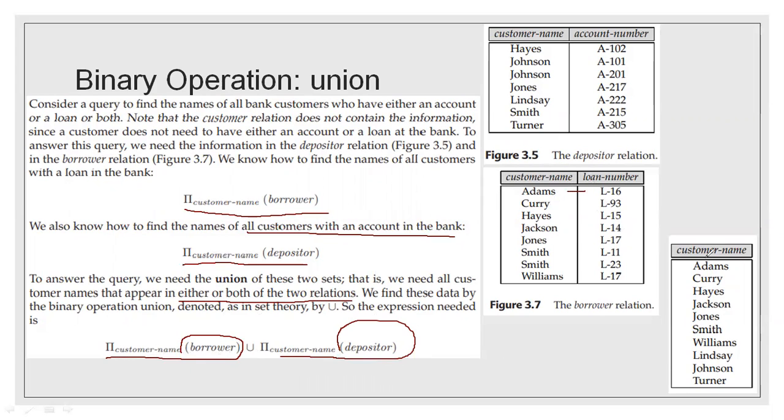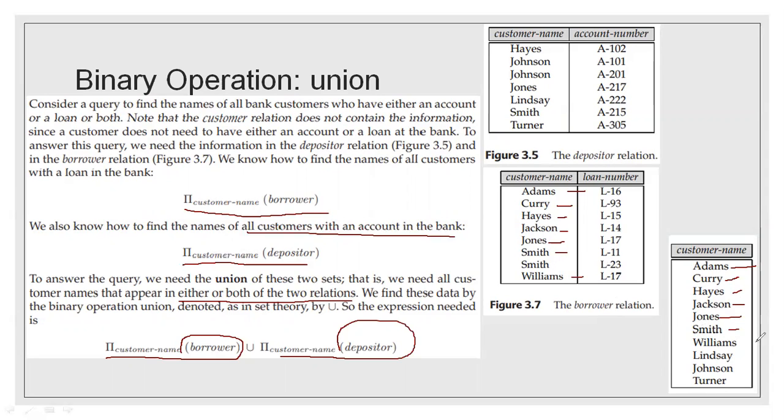So Adams comes as output first. Then Curry, then Hayes, Jackson, Jones, then Smith. So duplicate entries are eliminated. Smith coming twice, here only one time.